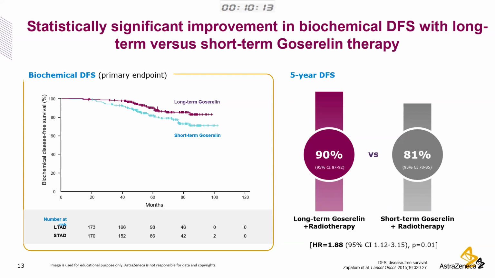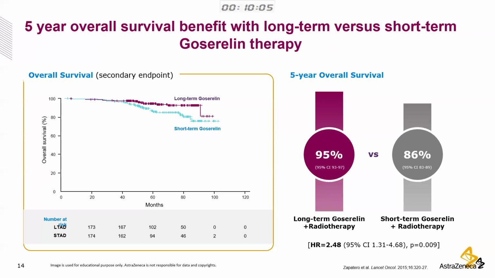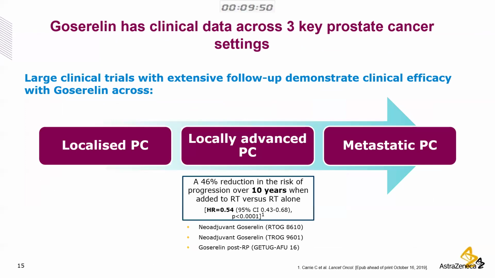This shows the benefit of goserelin given for a long time as adjuvant, around 2 years, compared to short-term in this setting. Also in 5-year survival there is a strong benefit, a 9% extra benefit compared to short-term goserelin, and up to 95% 5-year OS with the addition of goserelin for 2 years.